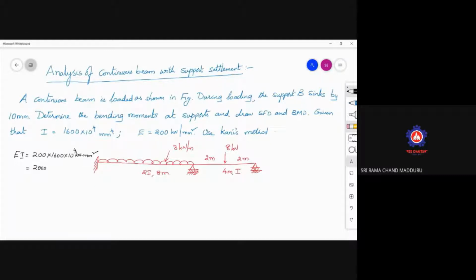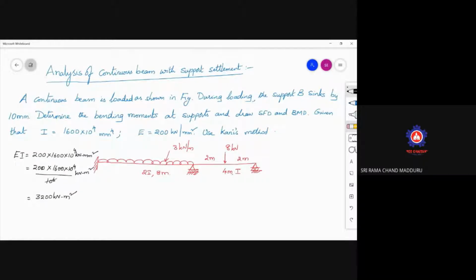So this can be modified as 200 multiplied with 1600 into 10 power 4 by 10 power 6, which gives kilonewton meter square. So the flexural rigidity EI is nothing but 3200 kilonewton meter square.